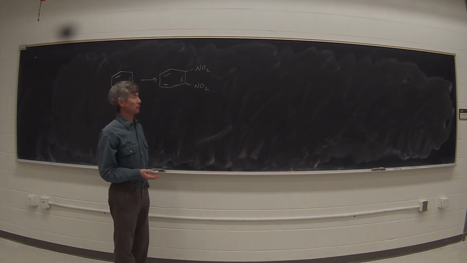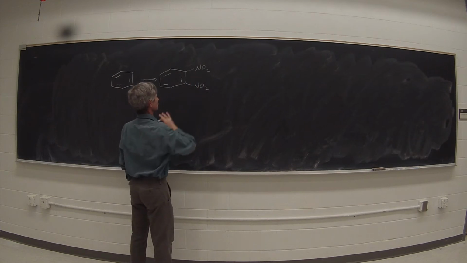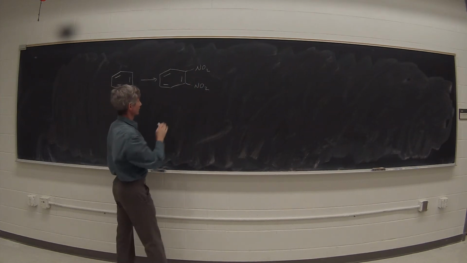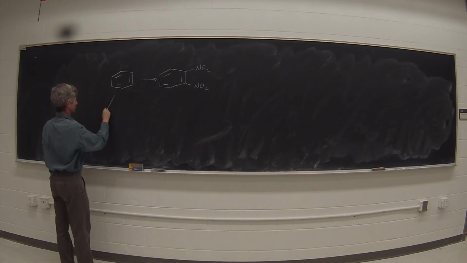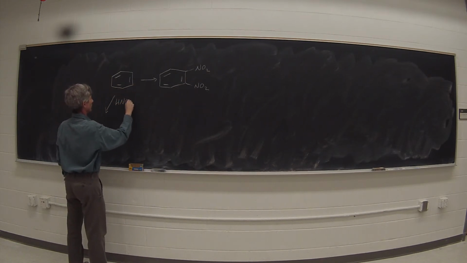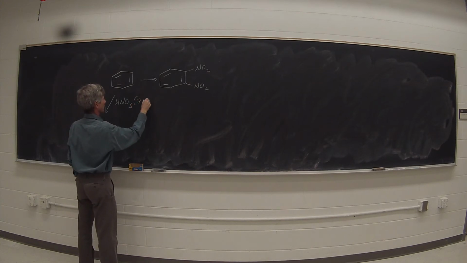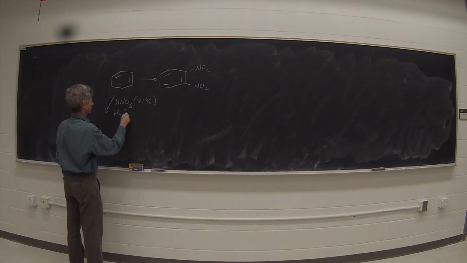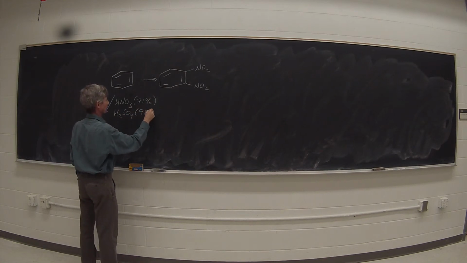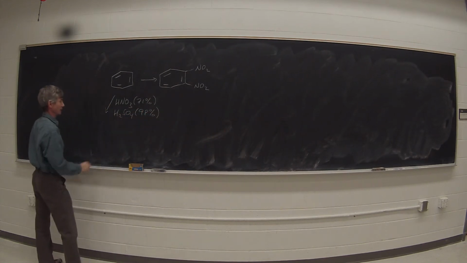So immediately we see a problem. Because the nitro group is a meta-director, we can't simply nitrate it and then nitrate it again, because if we did, we would end up with the meta isomer. So standard nitration conditions, 71% nitric acid, 98% sulfuric acid, that's concentrated nitric and concentrated sulfuric.